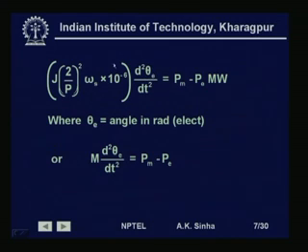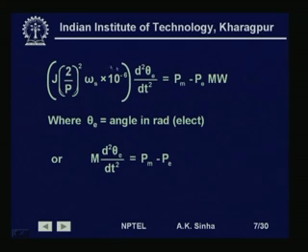So, this 2 by P is again taken here. So, it becomes 2 by P square. So, J into 2 by P square omega s into 10 to the power minus 6 d2 theta e by dt2 is equal to Pm minus Pe megawatt, okay, where theta e is the angle in electrical radians.